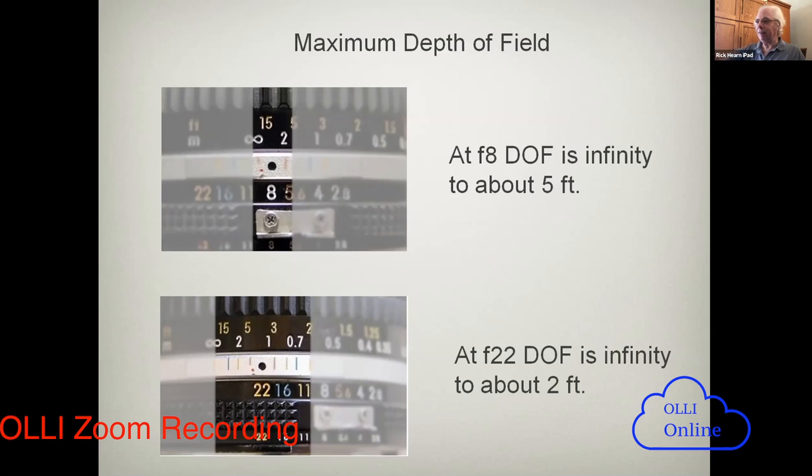They have a dedicated ISO or ASA or sensitivity knob on the top of the camera. So you simply twist the aperture ring on the lens to get the lens opening. You twist the shutter speed dial on the camera to get the shutter speed, and you twist the ISO dial on the camera to get the sensitivity. That is far and away the nicest feature of the Fuji cameras.